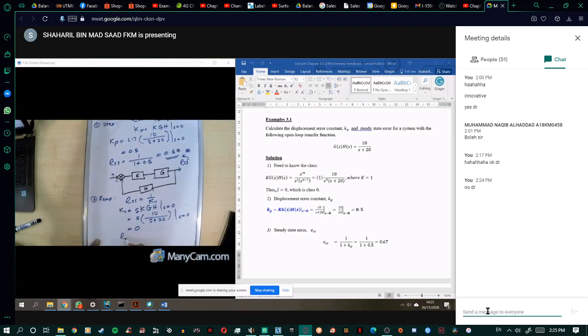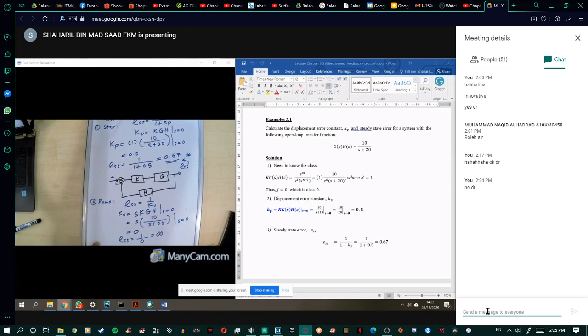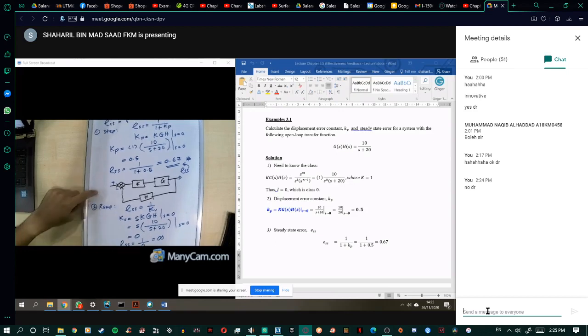And how to find the steady state error? 1 divided by Kv, 1 divided by 0. So of course you will get infinity. That means your system is not suitable to apply the ramp input. If you apply the ramp input, you will get infinity for the steady state error.